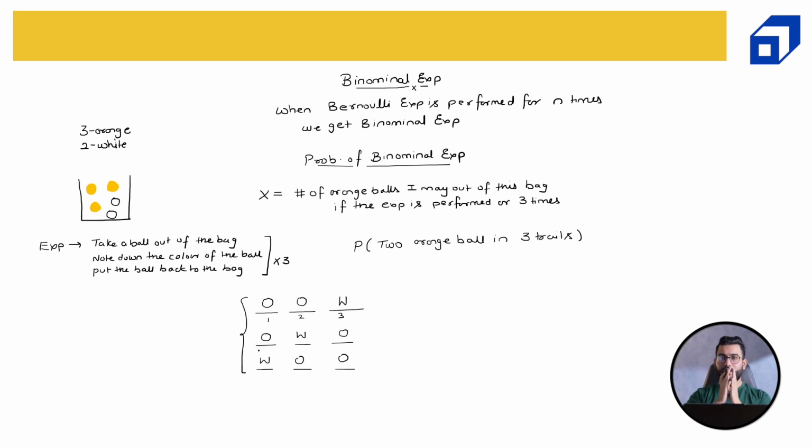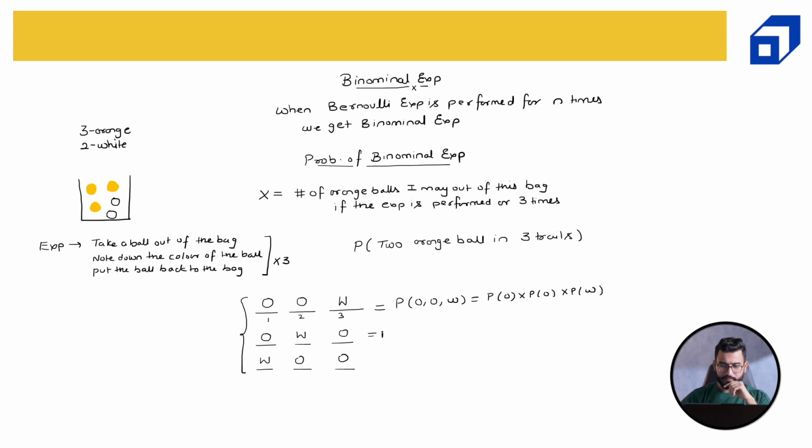Now if you carefully observe, each trial is independent of the other, because every time I'm taking a ball out, the bag is still having 5 balls, because we have a total of 5 balls, right? So what is the probability of getting orange, orange, white? It will be simply probability of orange multiplied by probability of orange multiplied by probability of white.